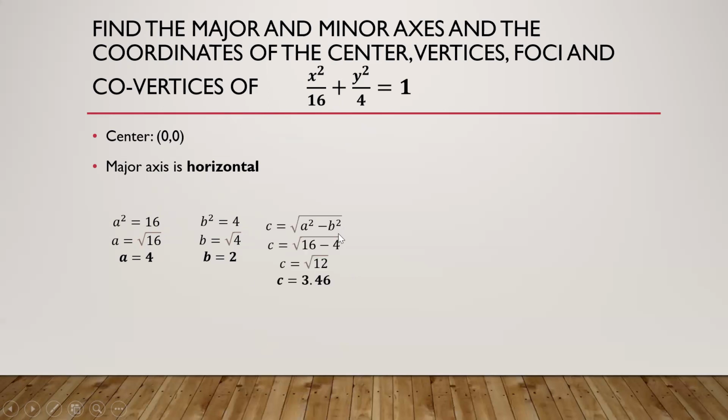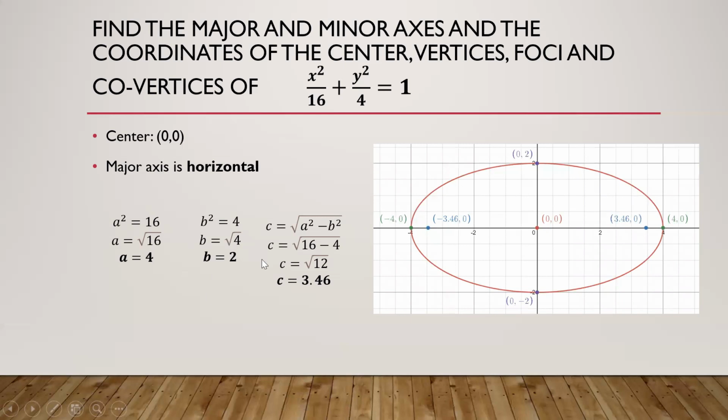And then for our C, we follow this formula. C equals the square root of A squared minus B squared. So we simply put in the values. That's 16 minus 4, so that's 12. And then we find the square root of 12 and we have 3.46. So if you try to plot the ellipse, we'll get something like this.